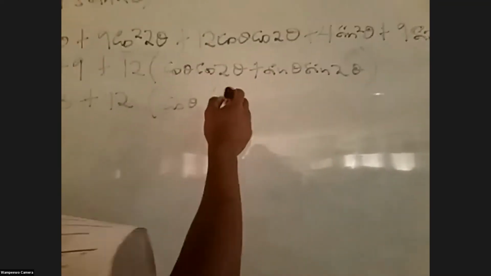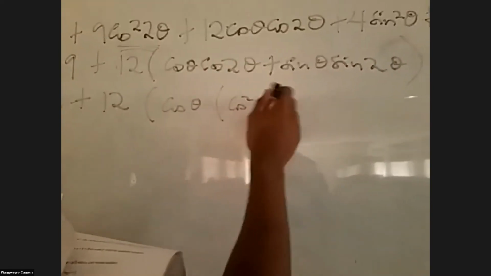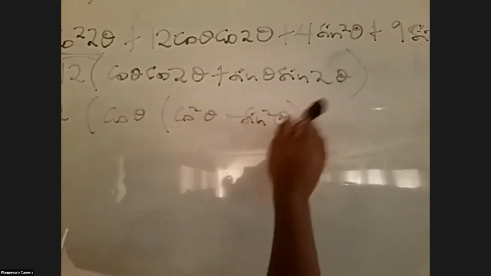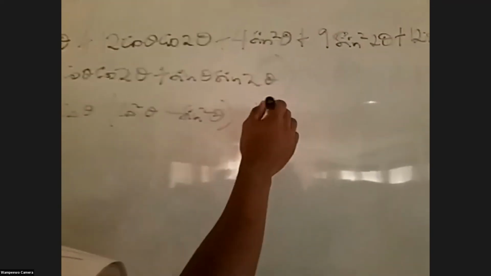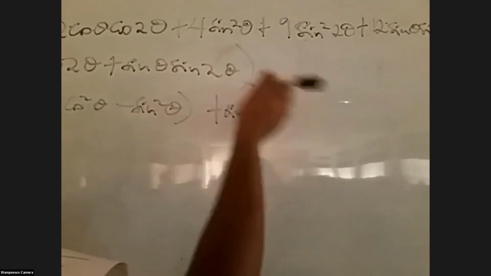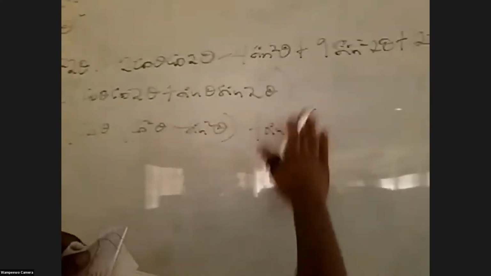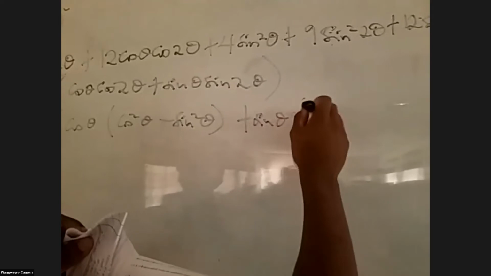The double angle of cos is cos squared theta minus sine squared theta, plus sine theta into sine 2 theta.